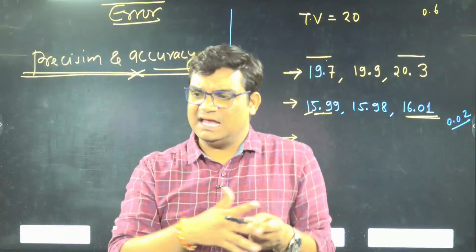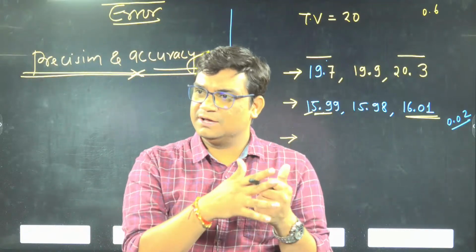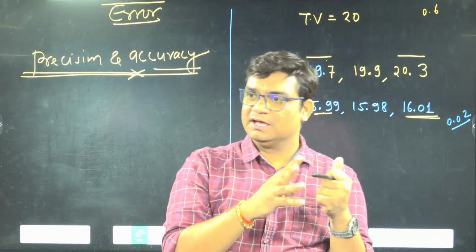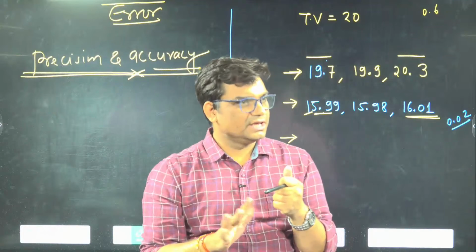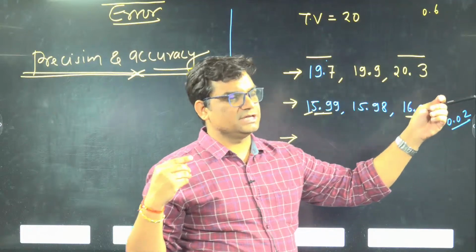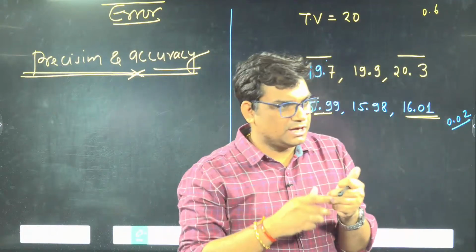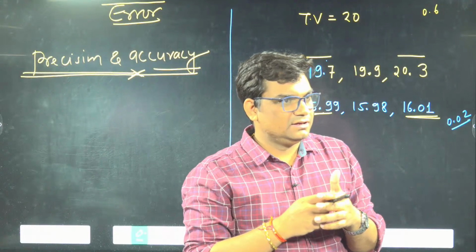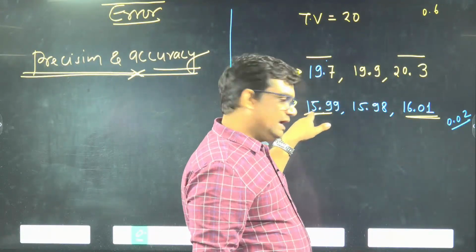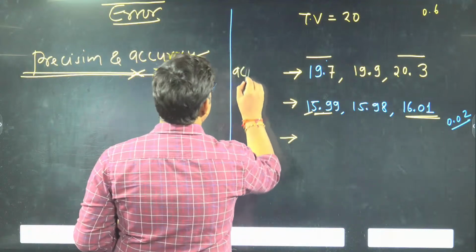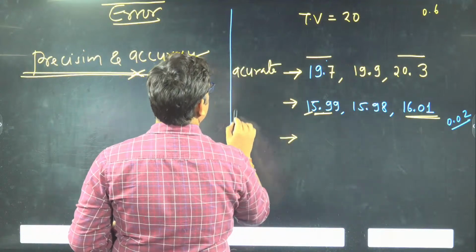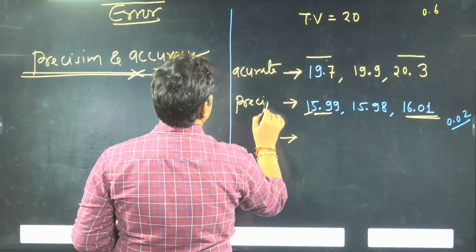Maybe the scale he is using is broken, the 0 to 5 part is broken. Suppose you are measuring length. So here we are getting more precision, while the other we can say is accurate.